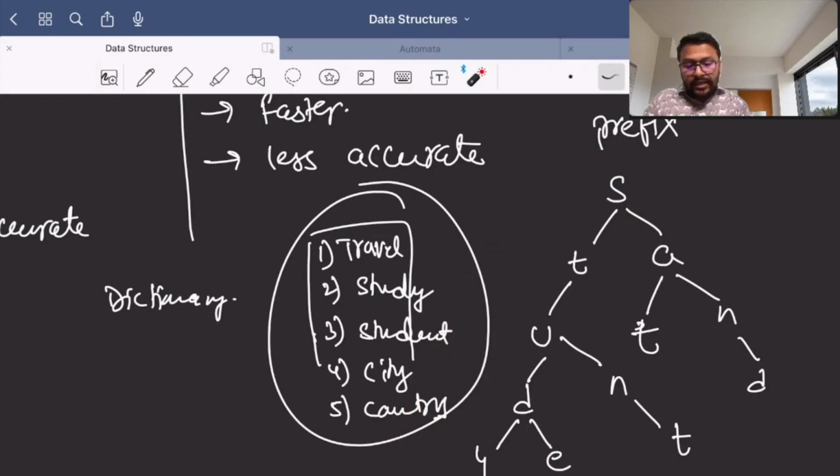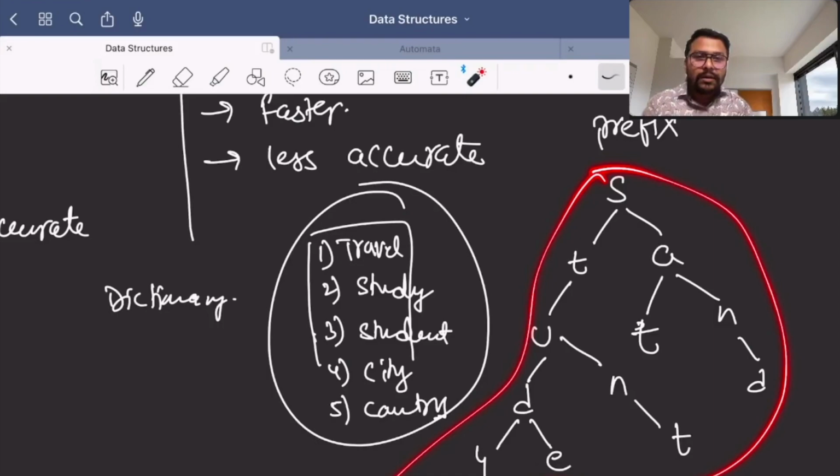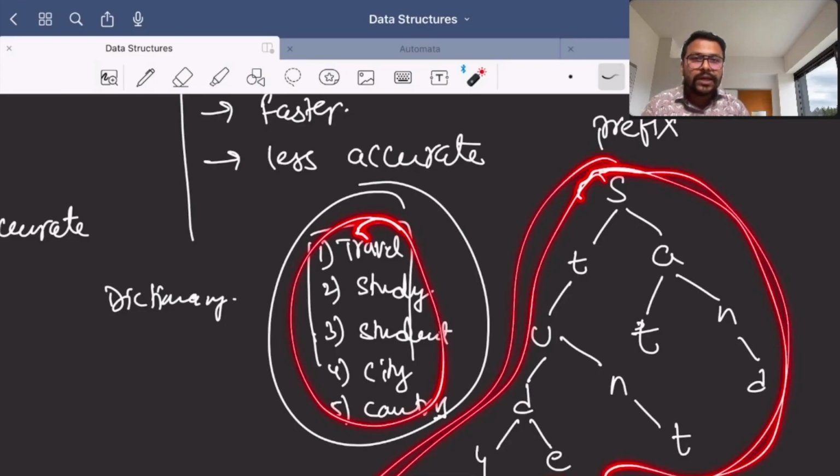Making all the words one by one takes more space, and in this particular tree you can see that it takes less space because one letter can be reused. This S is reused for each of these words; it is written only once.